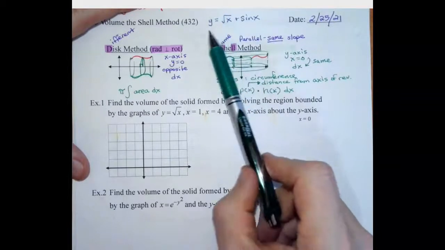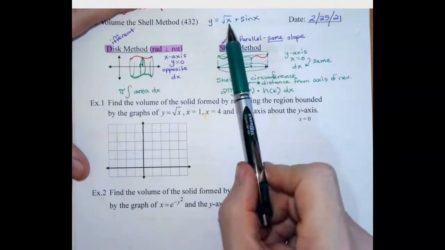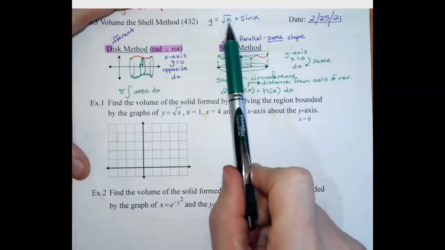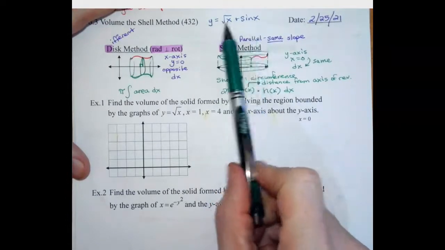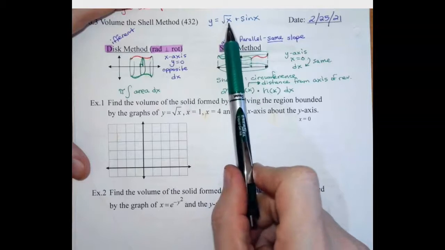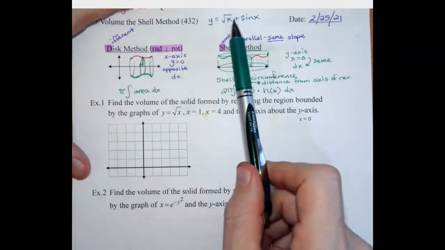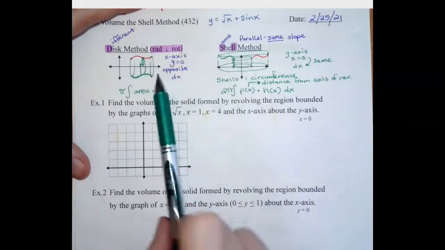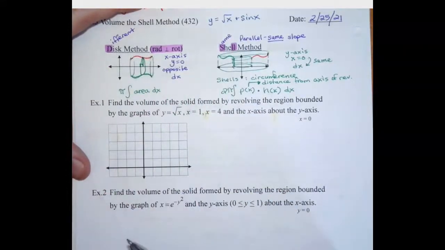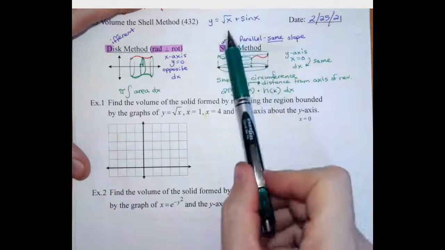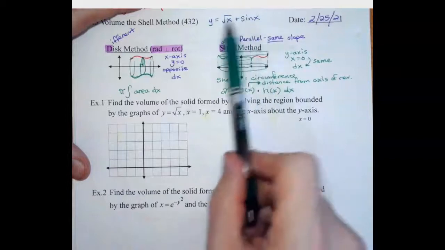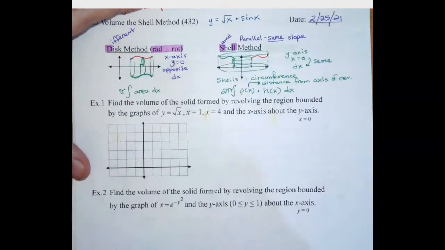I don't know if it's possible or not, but it's certainly beyond my capabilities and our capabilities right now. So there are some things that can't be solved for the other variable. So in our other examples, there were cases where we wanted to solve for the other variable so that we could use the disk method. And in this case, we can't do that. And so in this case, we could use the shell method on this.